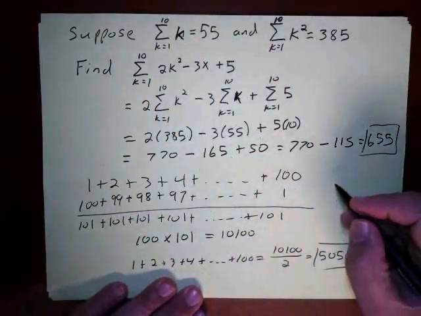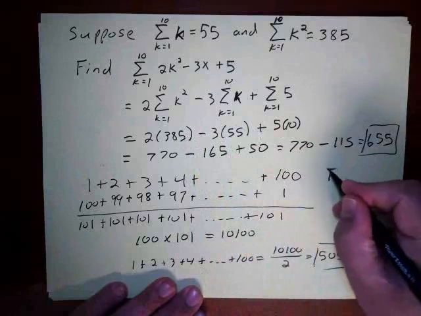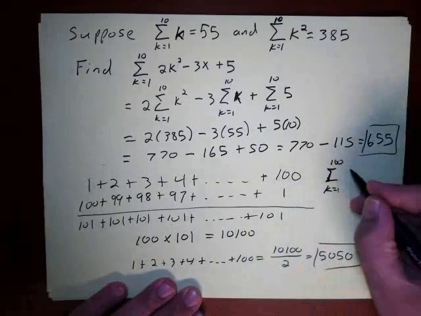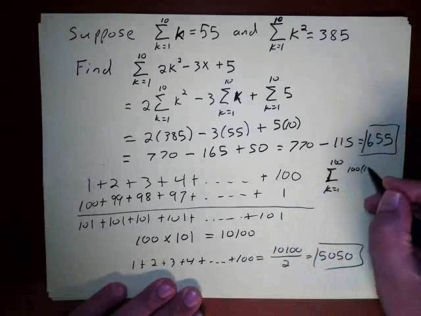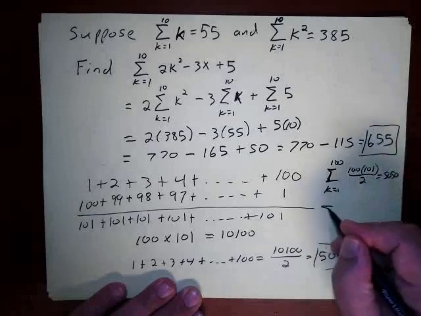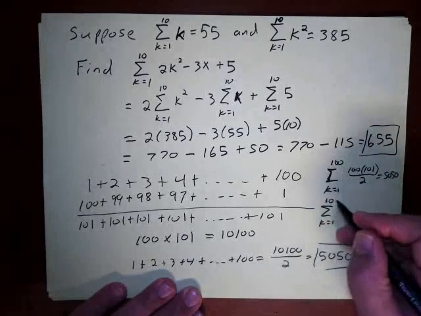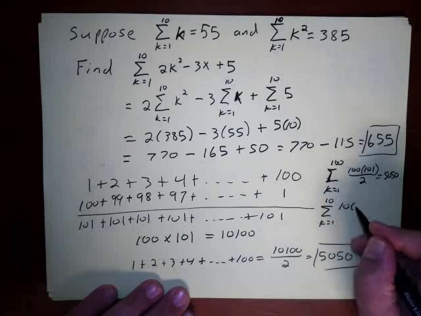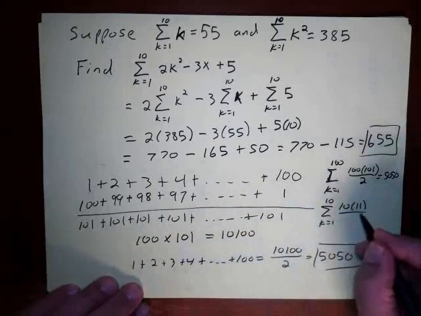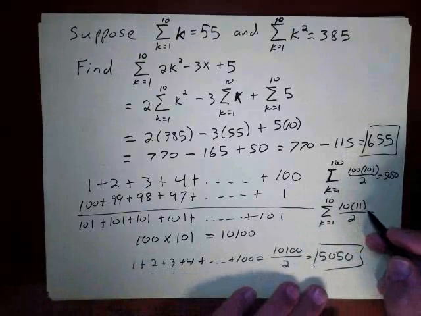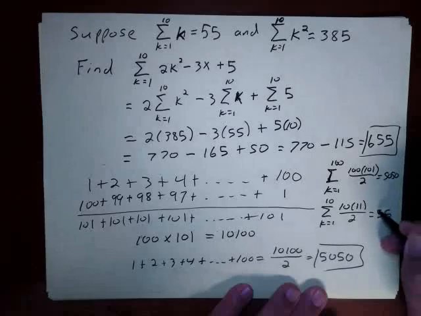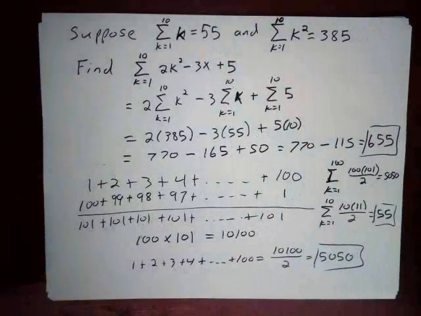So if you think about this, the sum of k equals 1 to 100, what this is here is 100 times 101 divided by 2, and you get 5,050. The one I did, k equals 1 to 10, would have been 10 times 11, because you would have reversed them and added them together. Each one would have been 11 this time, divided by 2, and then you get 110, and then divide it in half, you would get 55, which is what that number is.